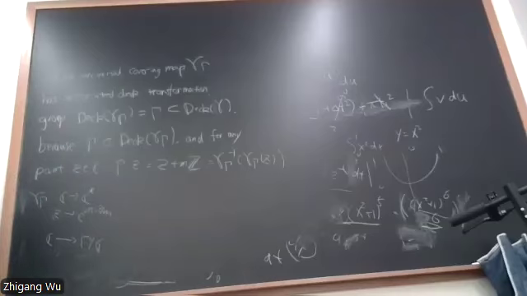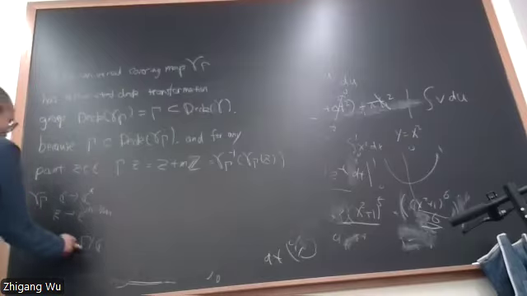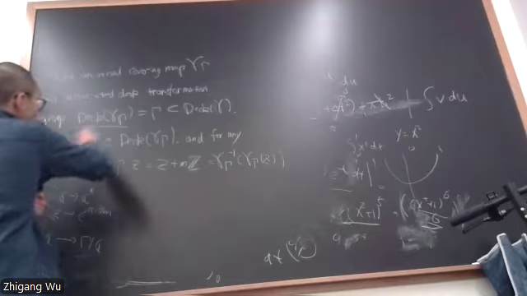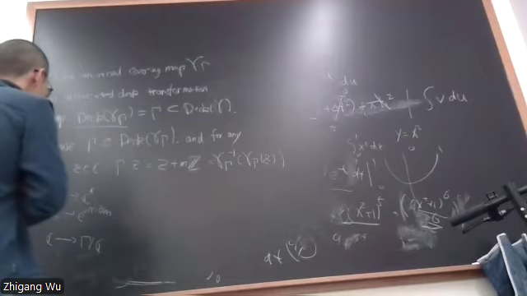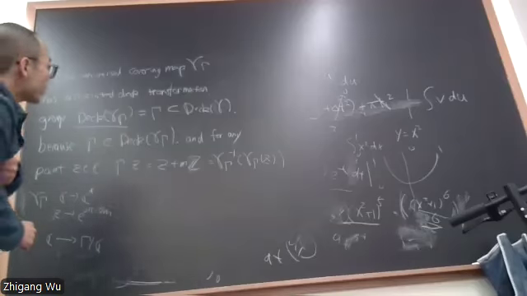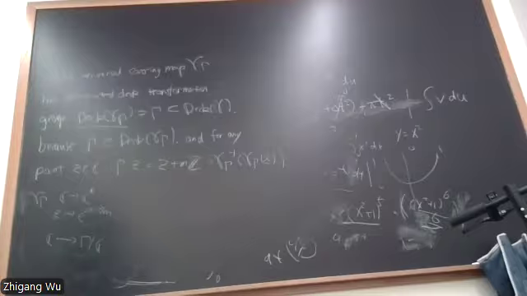So we want to show that these two are the same. Let's see why the deck transformation group of the rescaled exponential map is equal to gamma.